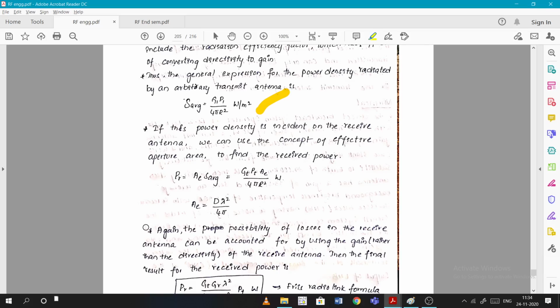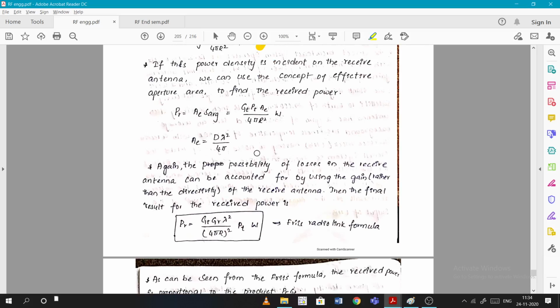When we use this equation, S average is already known, GT PT by 4 pi R square, so we substitute it: GT PT AE by 4 pi R square, where AE equals D lambda square by 4 pi.